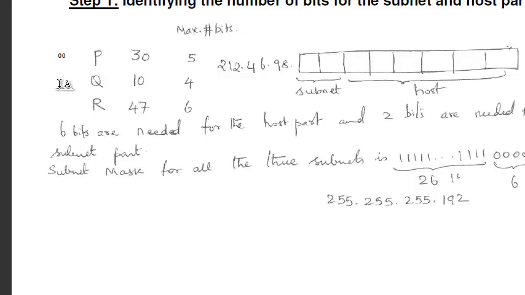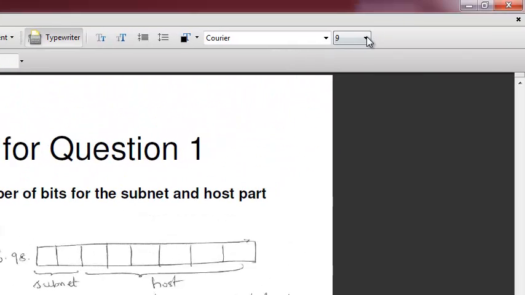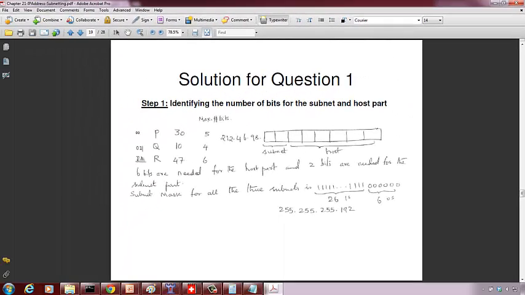This is 0, 0. This is going to be 0, 1. This is going to be 1, 0, coinciding with 0, 1 and 2.